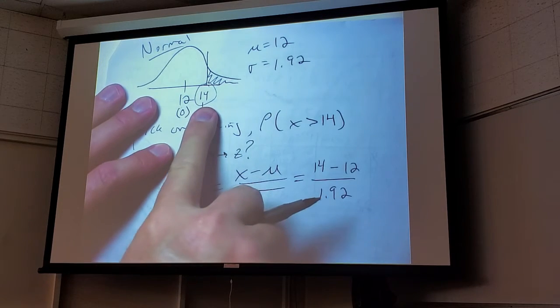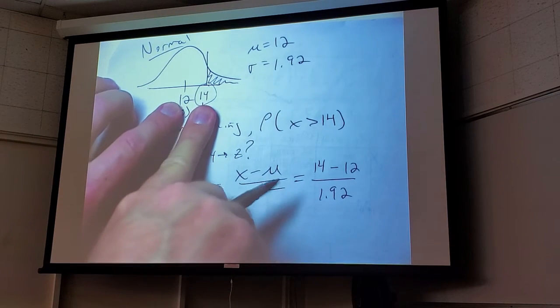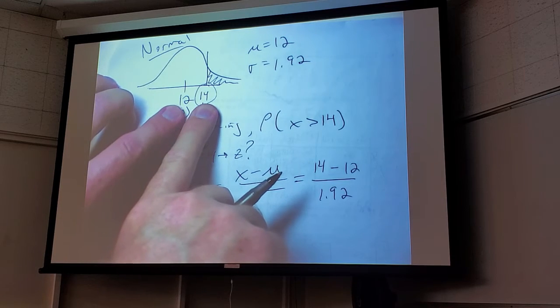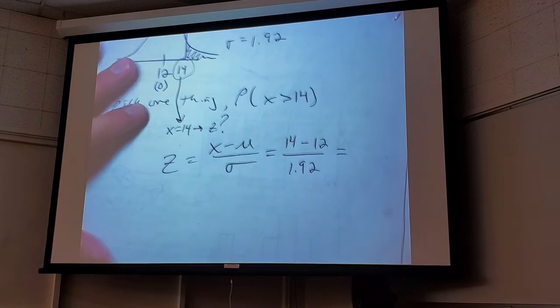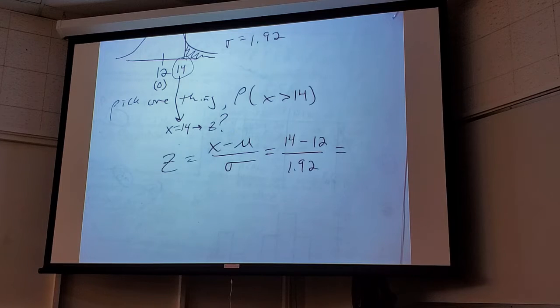Before I even do this, I know it's going to be positive or negative. Positive, because it's above the mean, on the right. You get 1.0416.